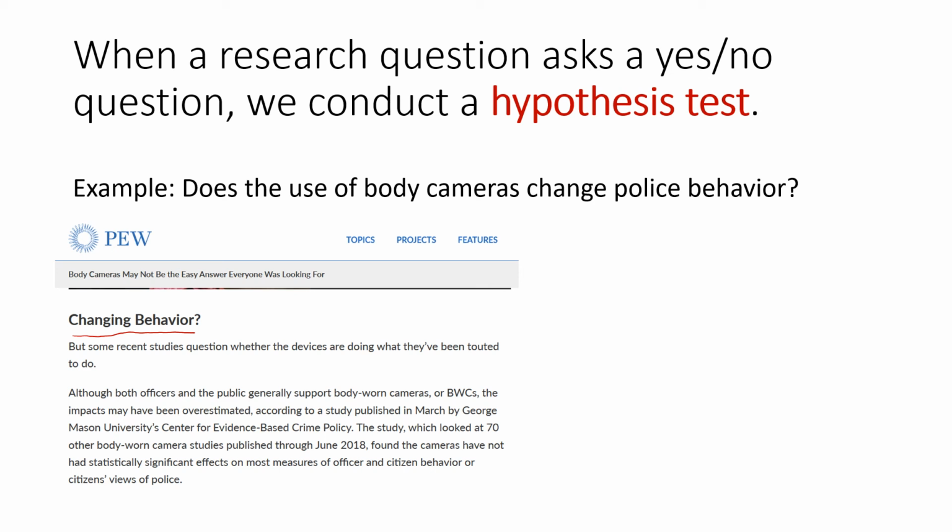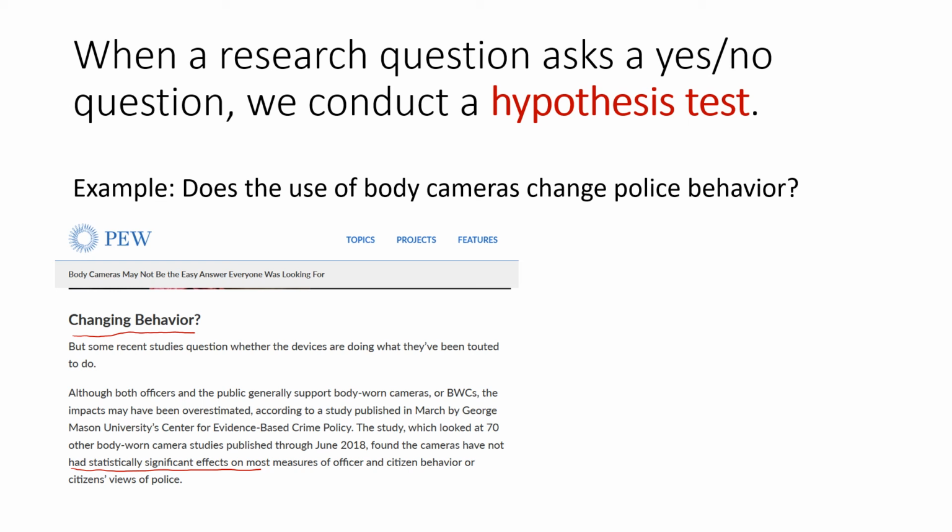They say that although both officers and the public generally support body-worn cameras, the impacts may have been overestimated. The study, which looked at 70 other body-worn camera studies published through 2018, found cameras have not had statistically significant effects on most measures of citizen behavior or citizen views of police.